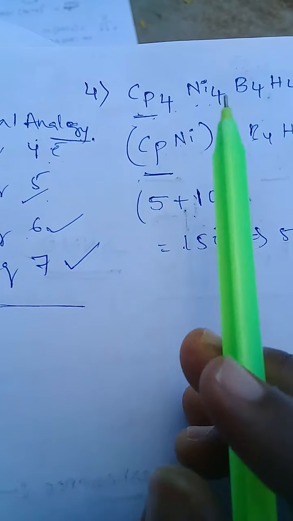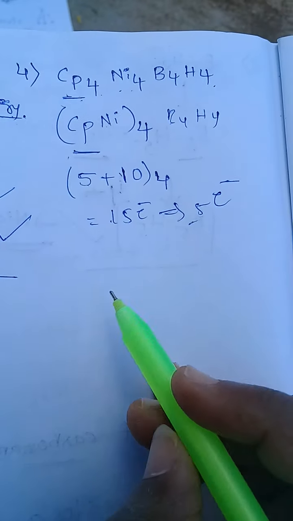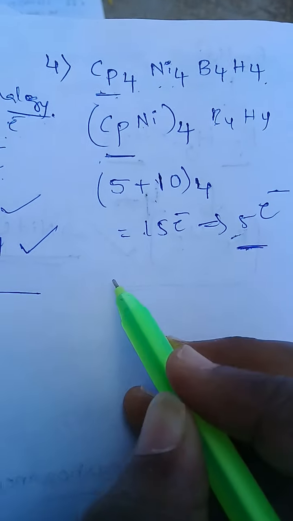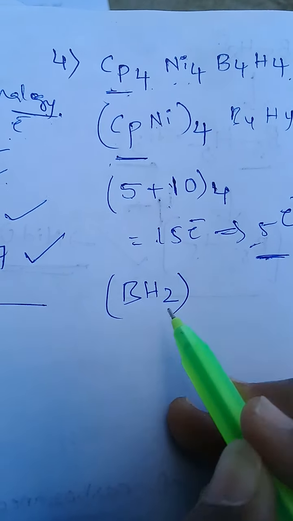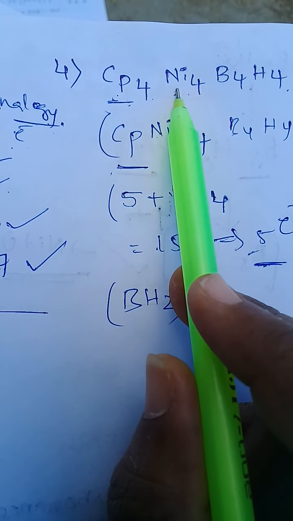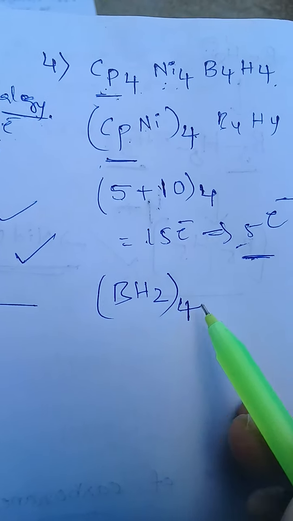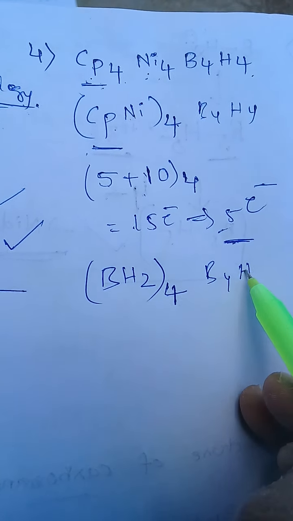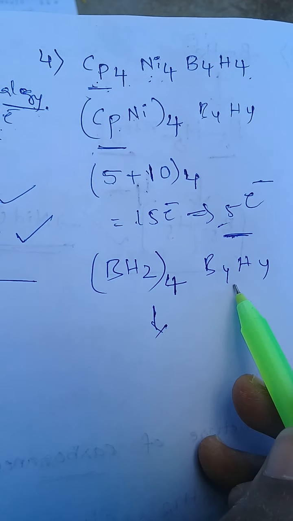15 electrons means 5 electrons in the isolobal analogy, so 5 means BH2. Here cyclopentadienyl and nickel are present 4 times, so BH2 taken 4 times, B4H4.